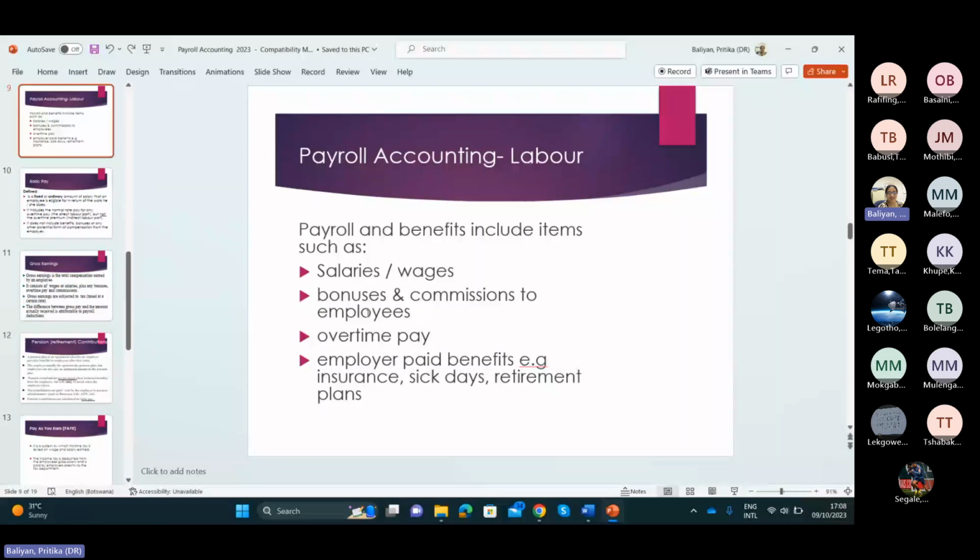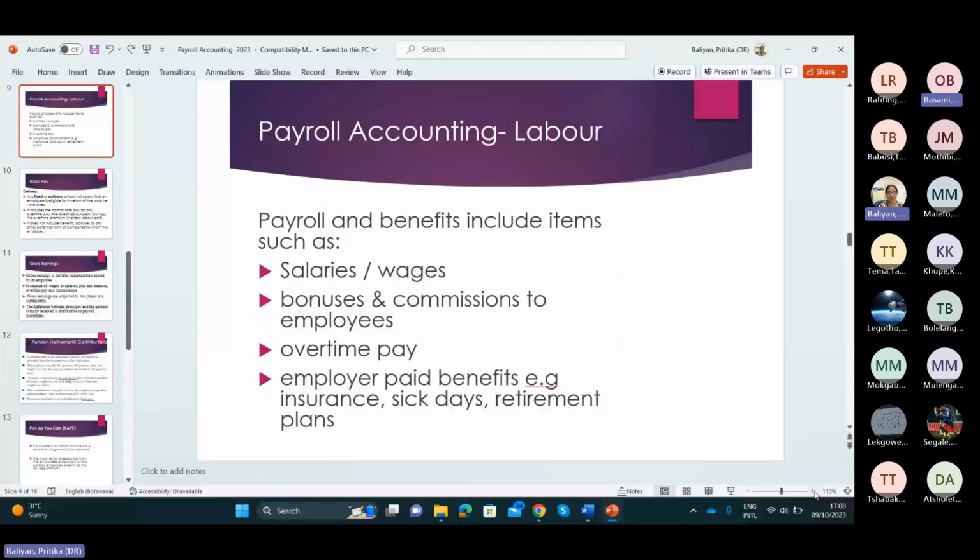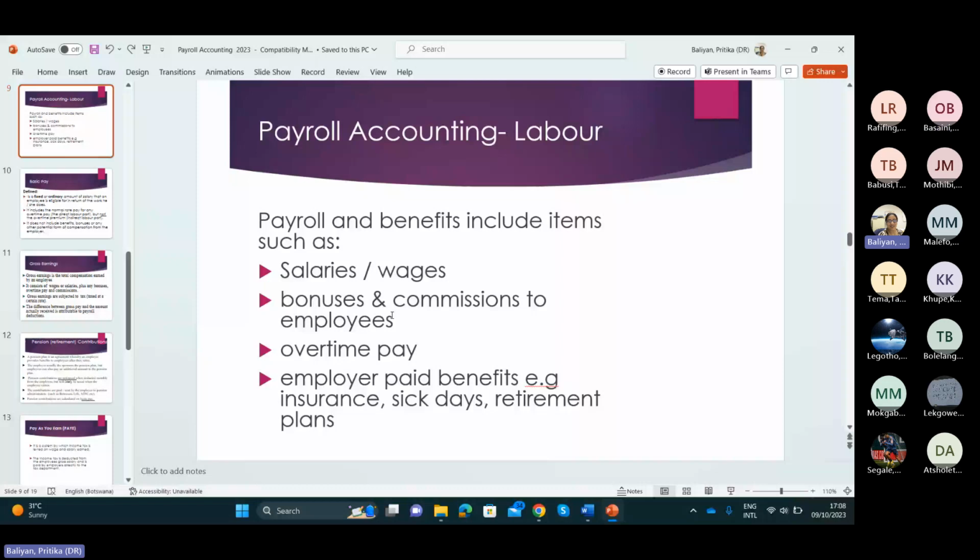Can you see the slide? Yes, ma'am. Okay, so either salary or wages, bonuses. If someone is qualified for the bonus, they can get a bonus or commission, overtime pay. When we say overtime pay, we are talking about both the normal pay and also the abnormal pay.